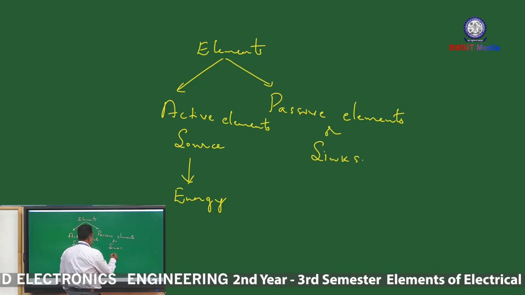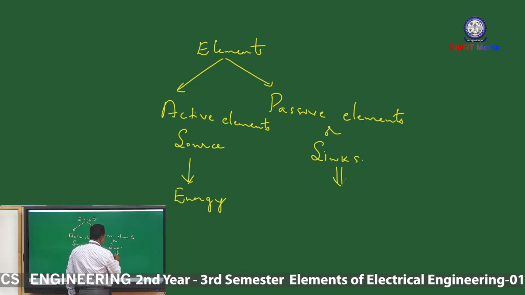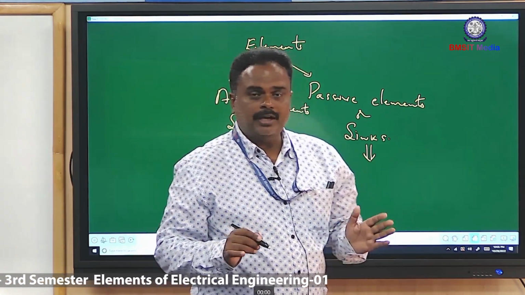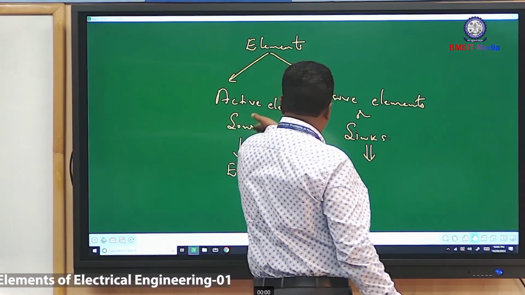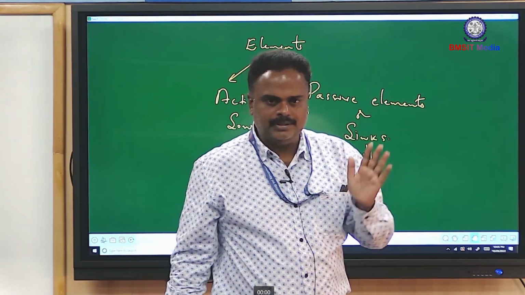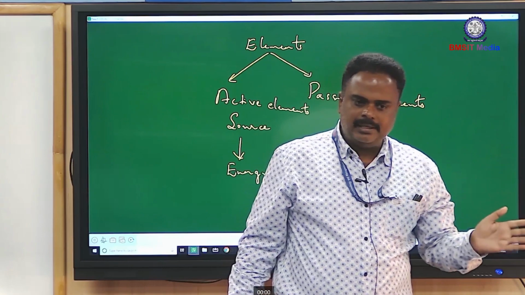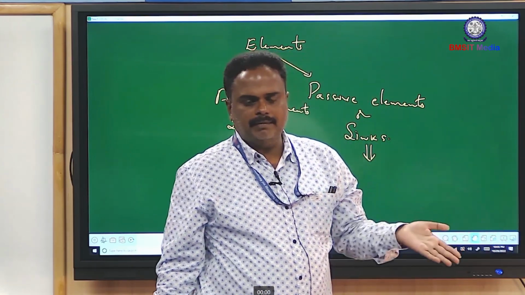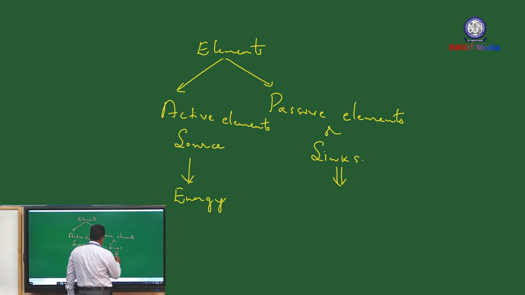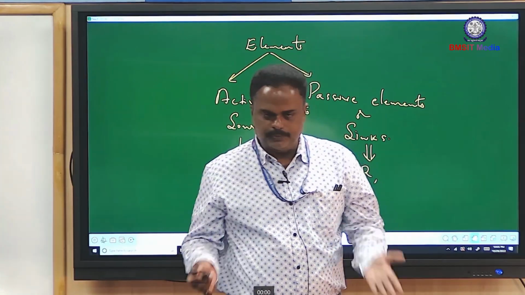On the other hand, passive elements or sinks do not have energy of their own. They receive energy from the active elements. Passive elements do not possess energy of their own. They receive energy from the active elements or sources. For example, a resistor does not possess energy of its own.